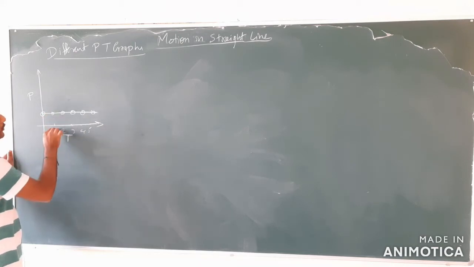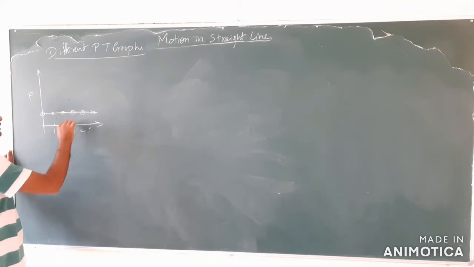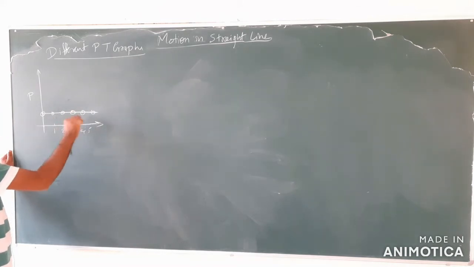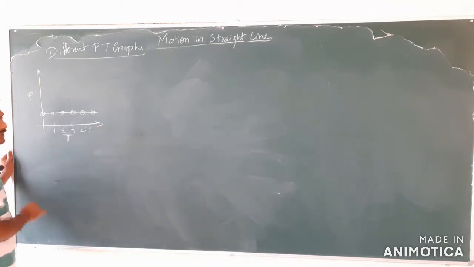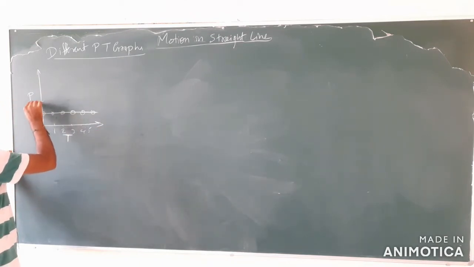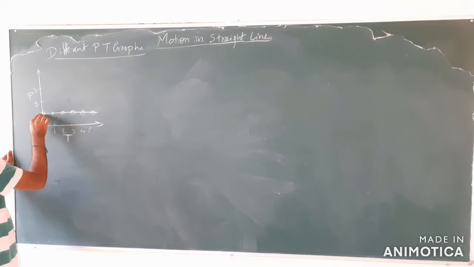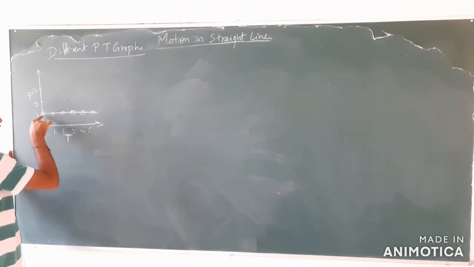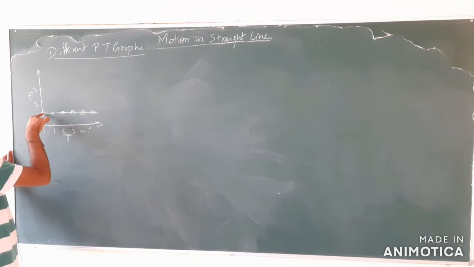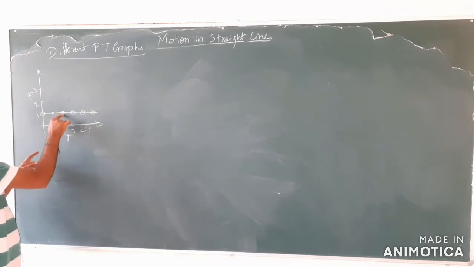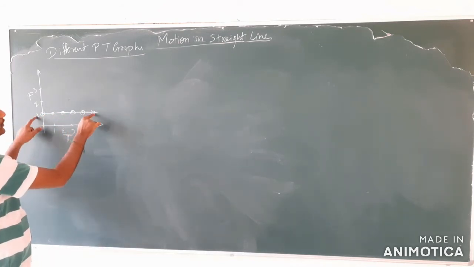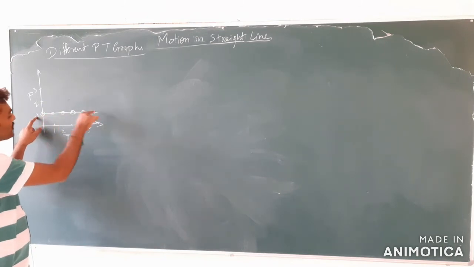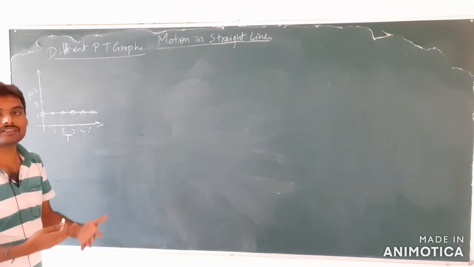Then from here to here 1 to 2, 2 to 3, 3 to 4. So time is changing. What about the position? Position of the body even after the change of point is same. At this point position is 1. At this point 1 again, 1, 1, 1. So no change in position, but the time is changing.